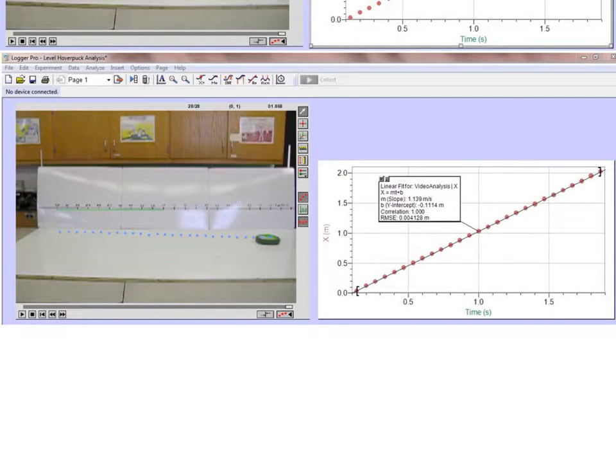But I've also been able to use the power of Logger Pro to put a best fit line on this particular graph. If you click this R equals button, then it will create a best fit line with the slope calculated for you as well as the intercept. Notice that the slope from Logger Pro actually includes the units of meters per second.